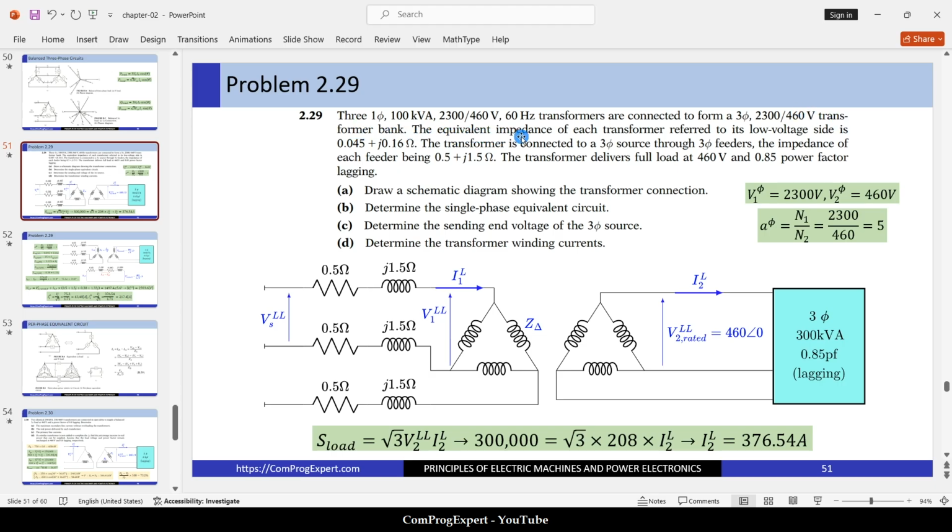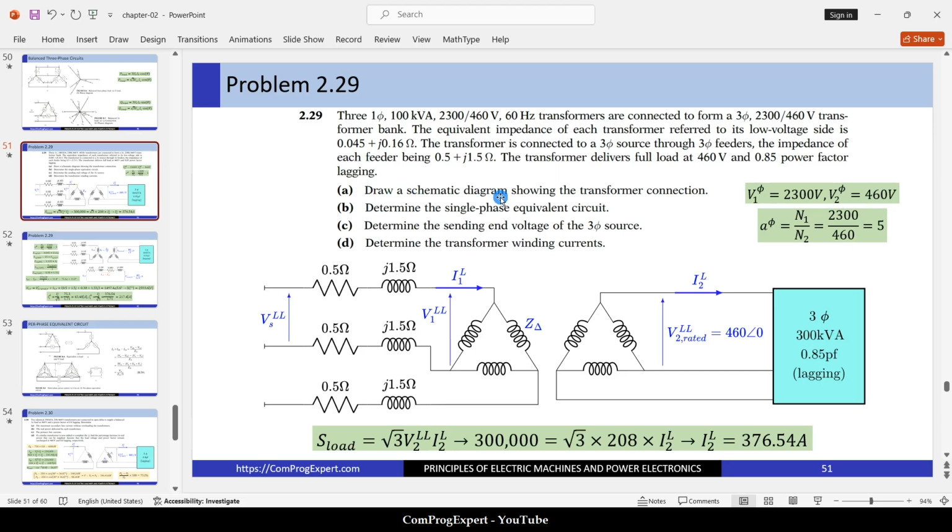The equivalent impedance of each transformer referred to its low voltage side is this one. The transformer is connected to a 3-phase source through 3-phase feeders. The impedance of each feeder being 0.5 plus j1.5 ohm. The transformer delivers full load at the rated voltage and power factor 0.85 lagging.